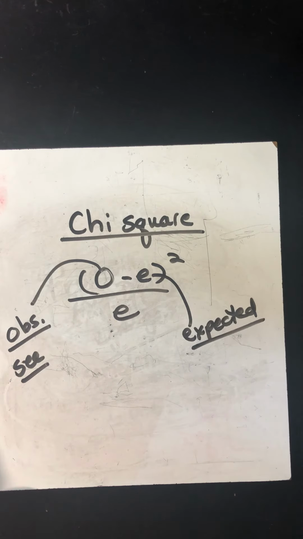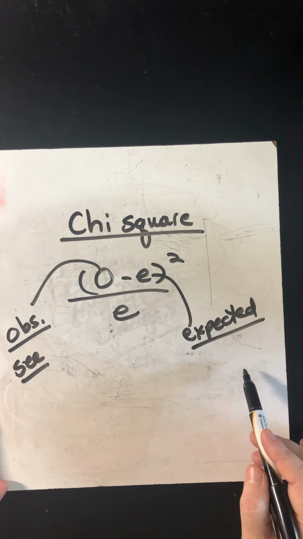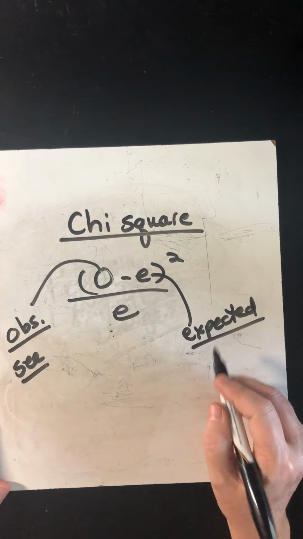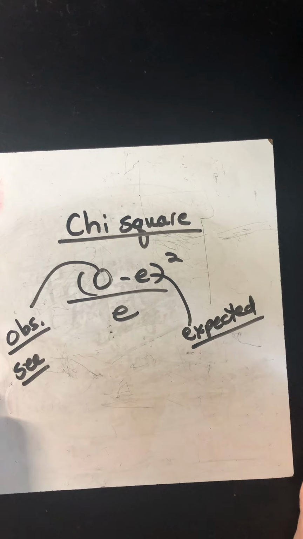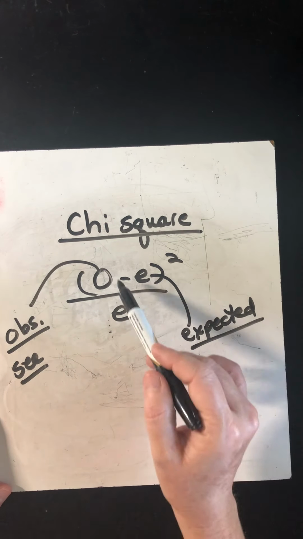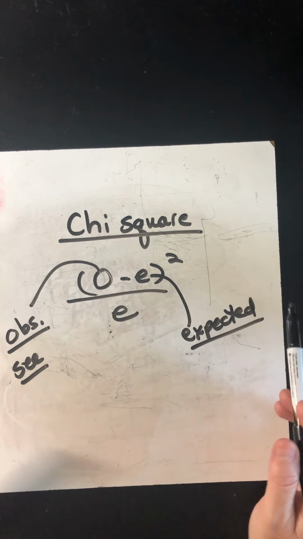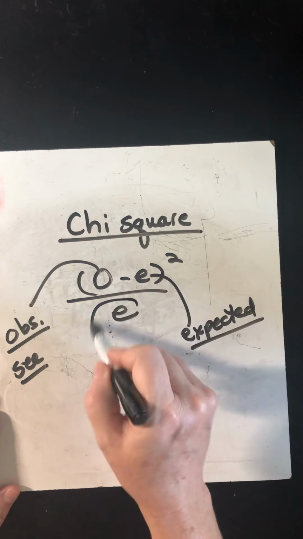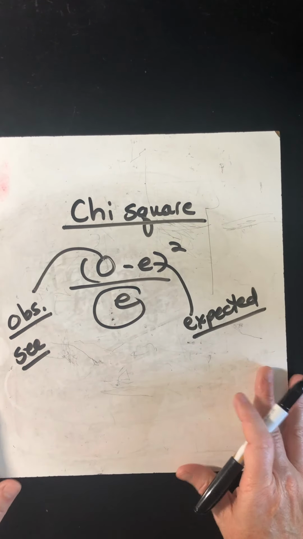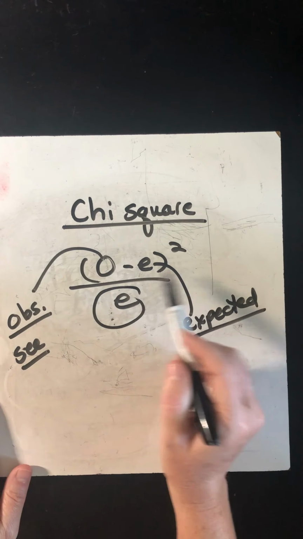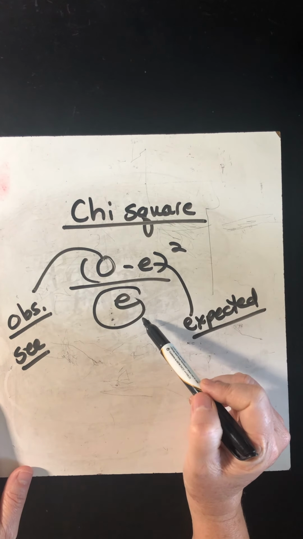So with our insects, if we gave them 4 choices, we would take the total and divide by 4. If it was a temperature, then our expected would be the temperature and different things. So we'll get into that. So all divided by your expected. That's where you do it. So observed minus expected squared divided by expected.